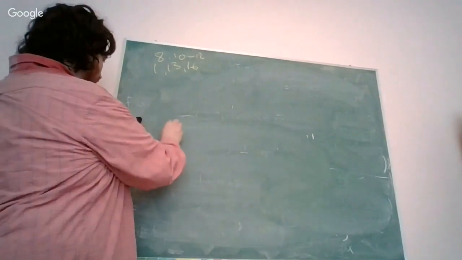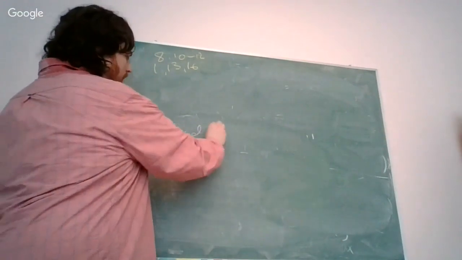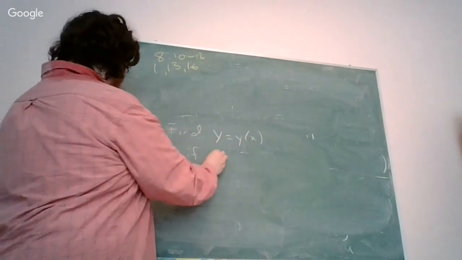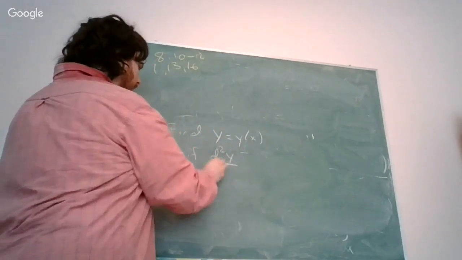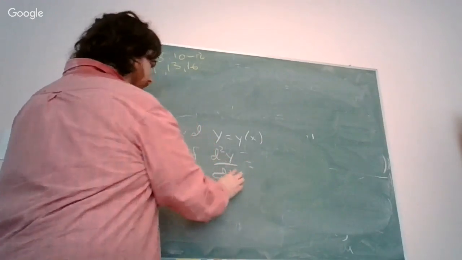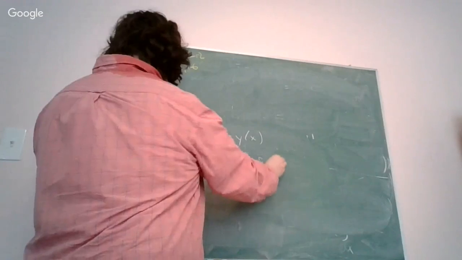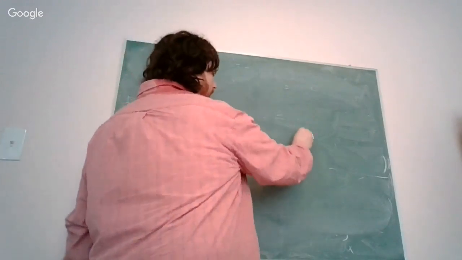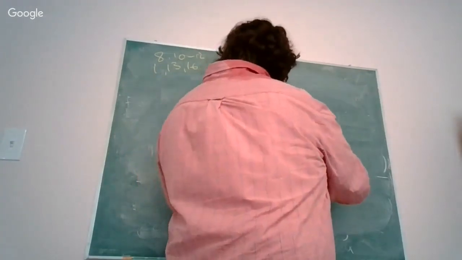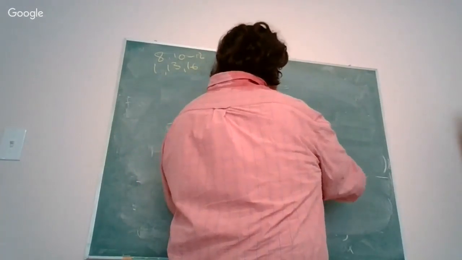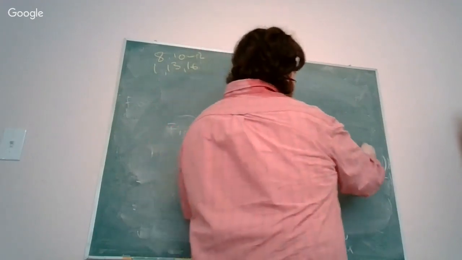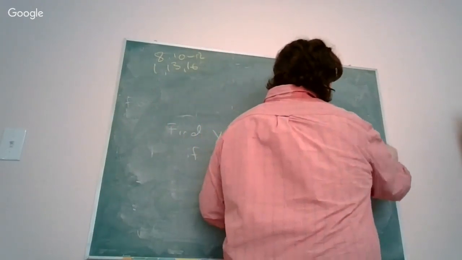Find y equals y of x if the second derivative with respect to x, there should be a square there, is equal to 8x, and dy dx at 0 is equal to 2, and y of 0 is equal to 0.